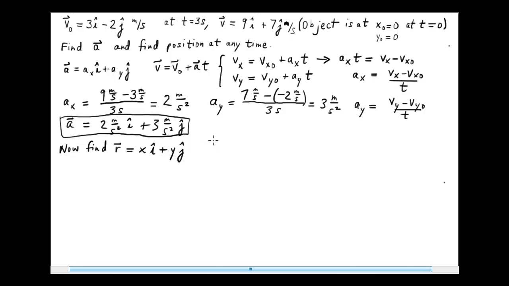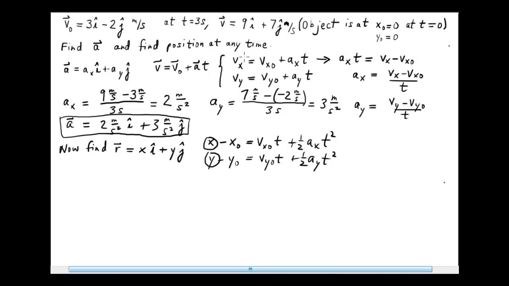Sure enough, we know the kinematic equations. x minus x0 equals vx0 t plus a half ax t squared. And we also know y minus y0 is vy0 t plus a half ay t squared. And we are trying to solve for x and for y. If we can solve for them and plug them into the expression for the position vector, we're done.